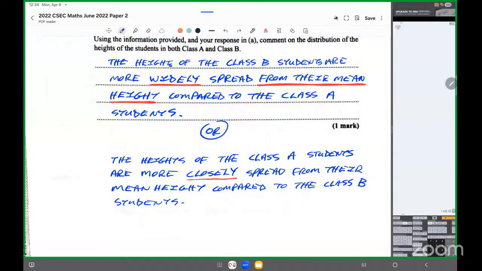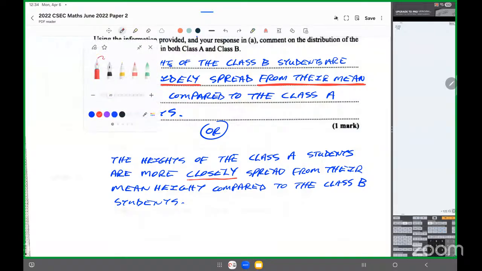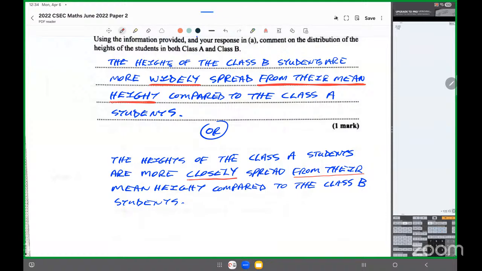Something like that. Again, you're making the description, you have to put in this line: from their mean height.